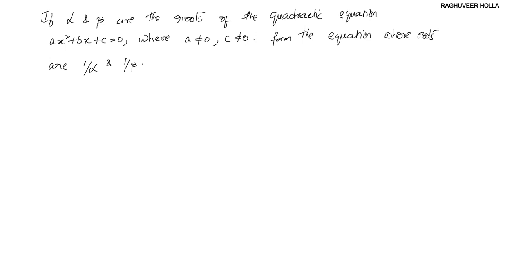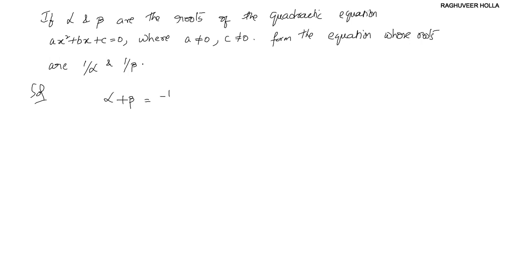Let us look at the next problem. If alpha and beta are the roots of the quadratic equation ax squared plus bx plus c is equal to 0, where a is not equal to 0 and c is not equal to 0, form the equation whose roots are 1 by alpha and 1 by beta.